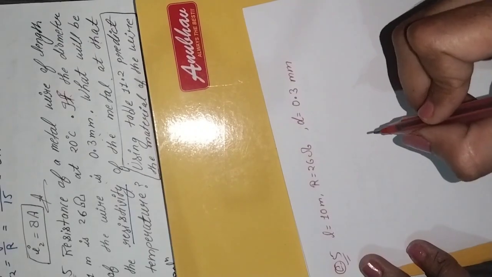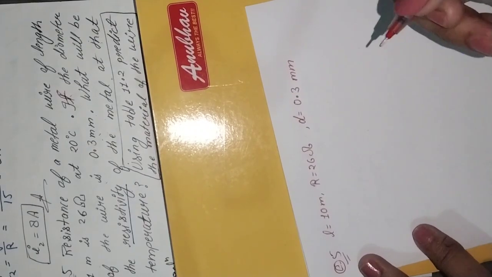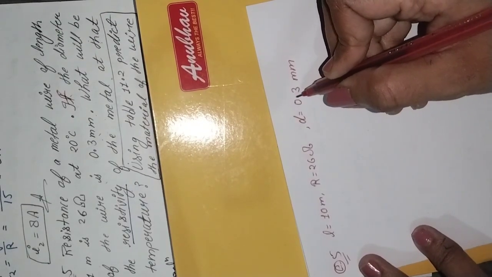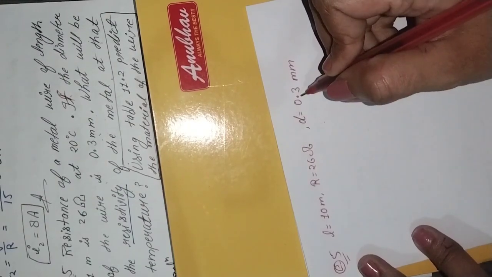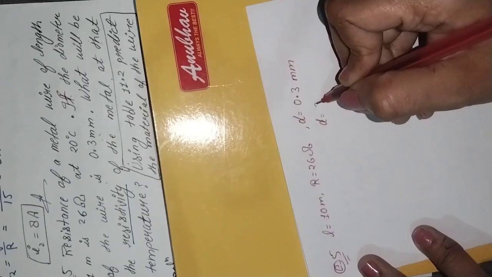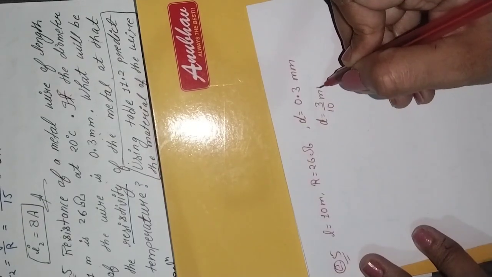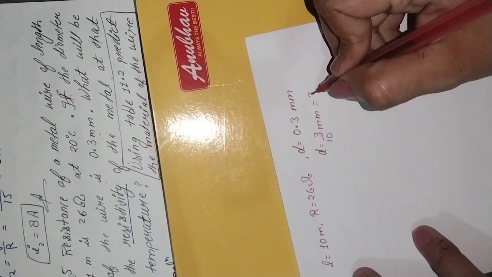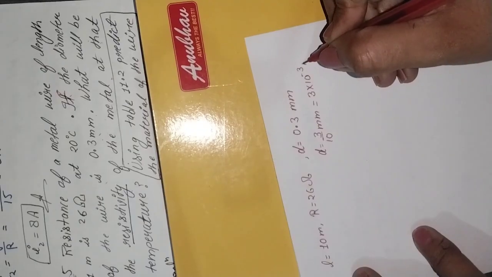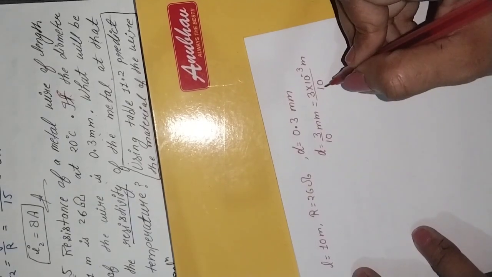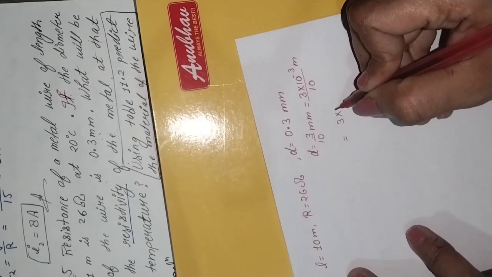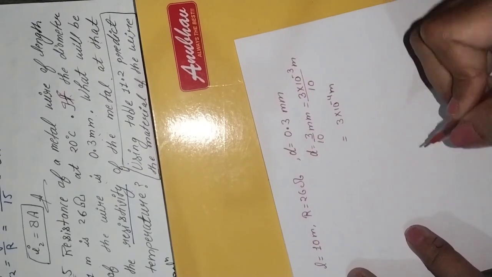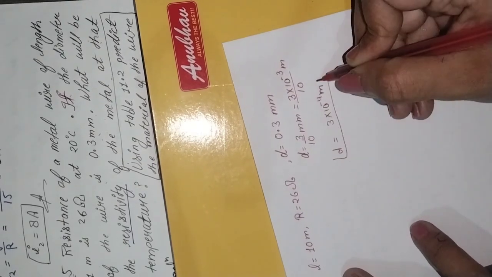So 1 millimeter is equals to 10 to the power minus 3 meter, and when we substitute this decimal, we can write this as d is equals to 3 over 10 millimeter, which will be equals to 3 into 10 to the power minus 3 meter by 10. We can write this as 10 to the power minus 1 here, so it will be 3 into 10 to the power minus 4 meter, right? This is the value of d.